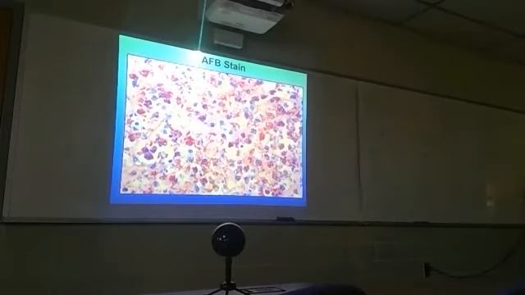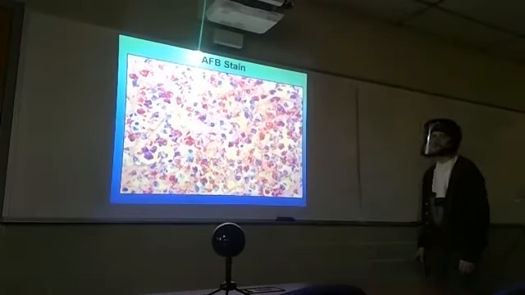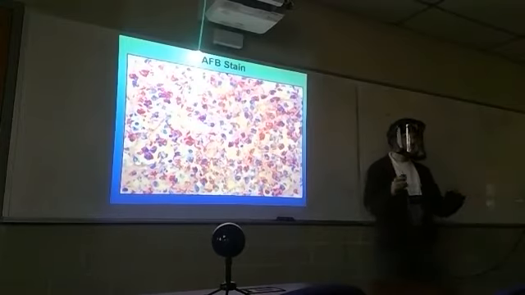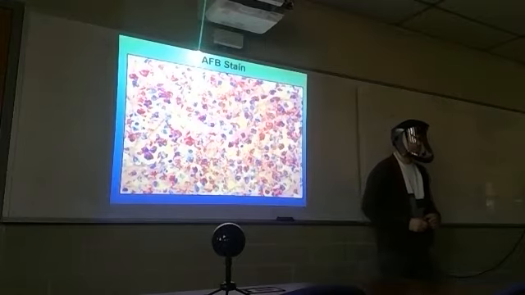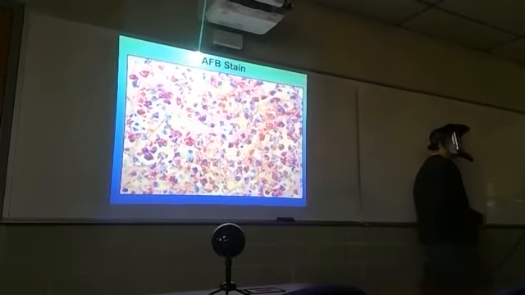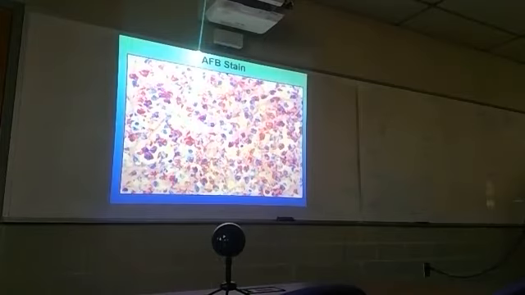Now, the organism responsible is Mycobacterium TB, and it's described as an acid-fast bacillus. The description acid-fast refers to the staining characteristics of the organism. The organism has some unusual fatty acids in its wall that allow it to stain very darkly red with a dye called carbol-fuchsin.